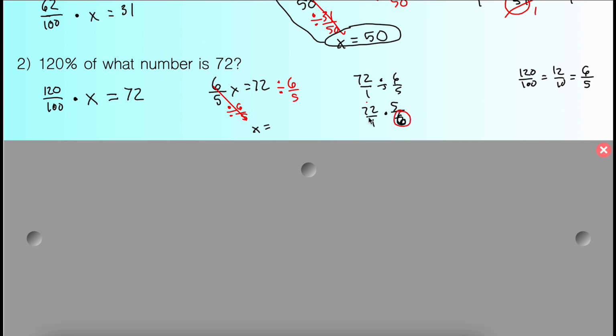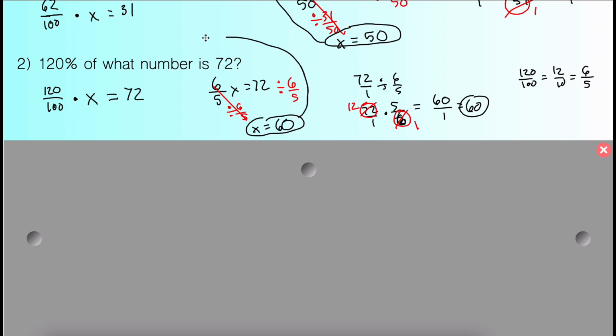The 6 and the 72 can both be divided by 6, actually. So 6 divided by 6 is 1. 72 divided by 6 is 12. And 12 times 5 on the top, 60 over 1. So final answer here, if you got 60, give yourself a pat on the back. Good job. x equals 60.